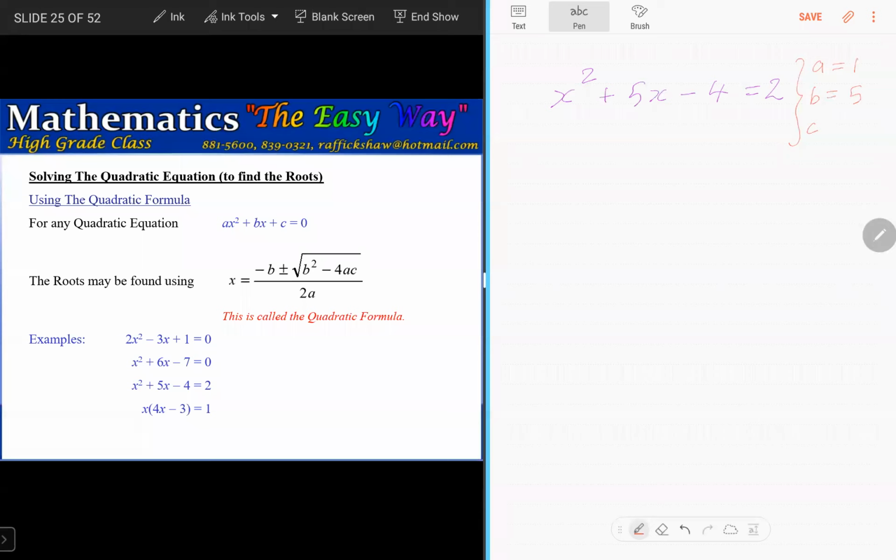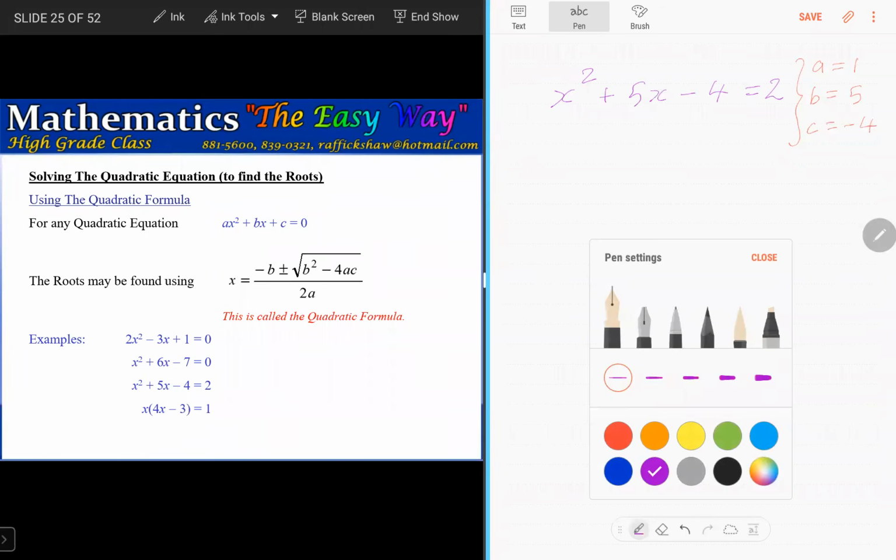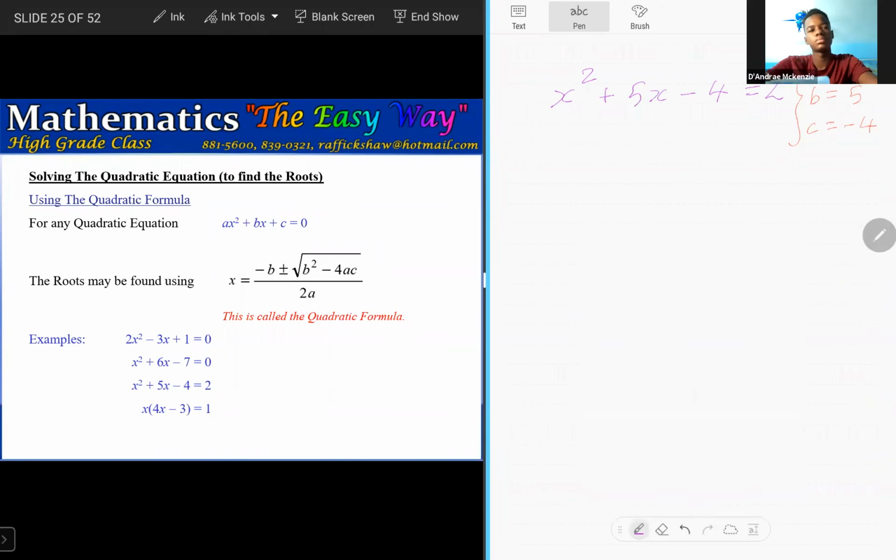C is -4. Very good so far? All right, everybody agree with that? Doesn't it have to equal 0?